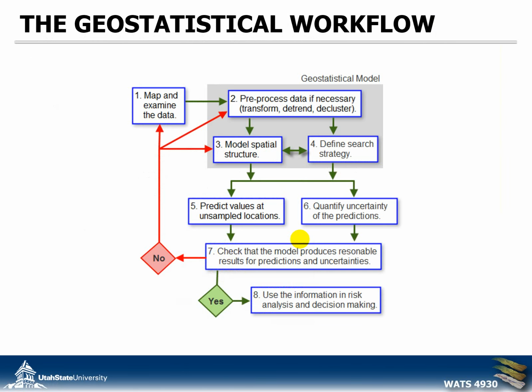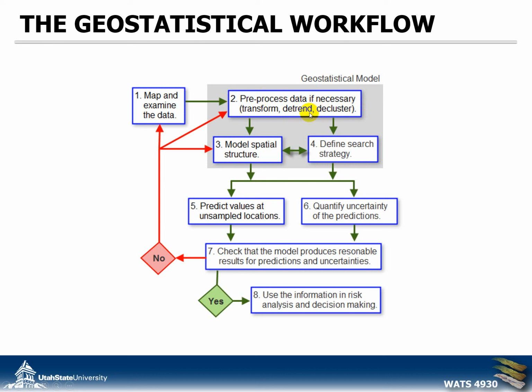The workflows in here basically start out with you making a map, and you might visually examine your data, and then you attempt to use these geostatistical tools, and sometimes you pre-process the data.